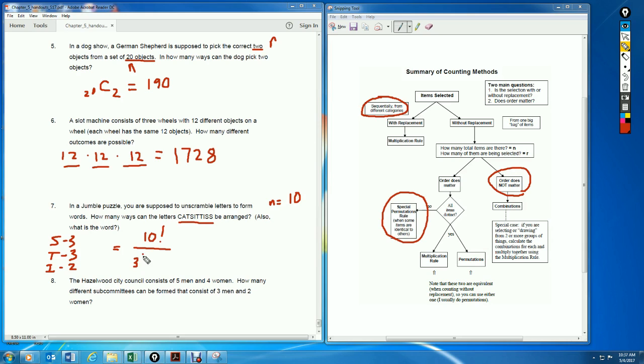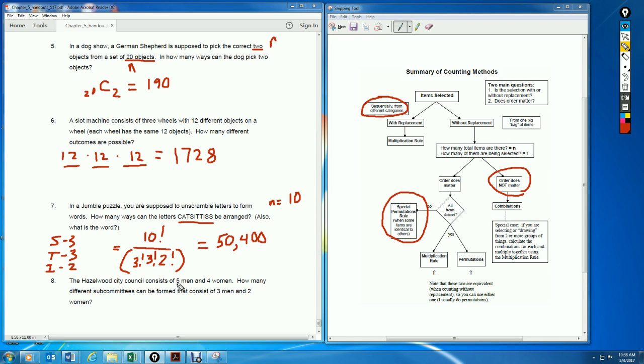So I have to do 3 factorial, 3 factorial, 2 factorial in the denominator. And like I said in class, remember when you do that on your calculator, you have to put parens around that. So if you calculate that correctly, you should find that it is 50,400. And I'm confident that you can all unscramble that into the correct word.